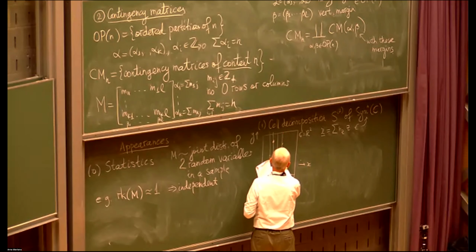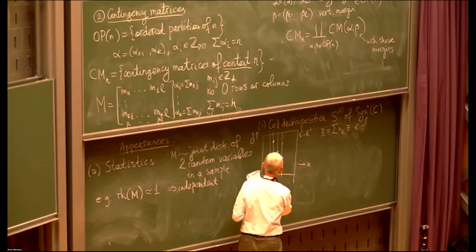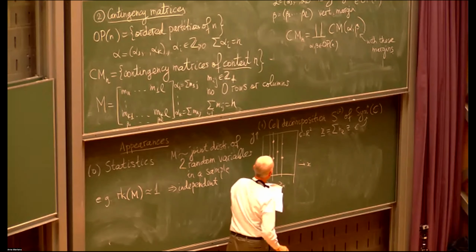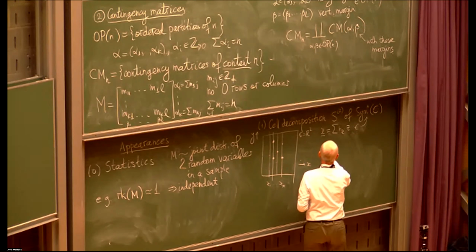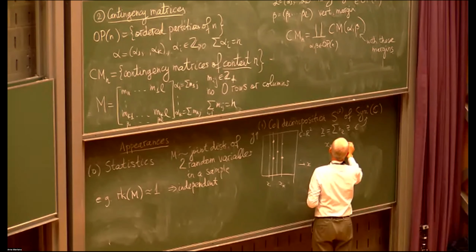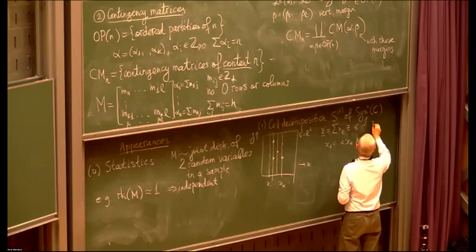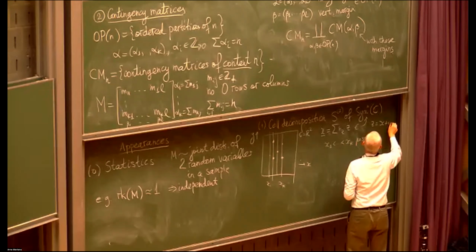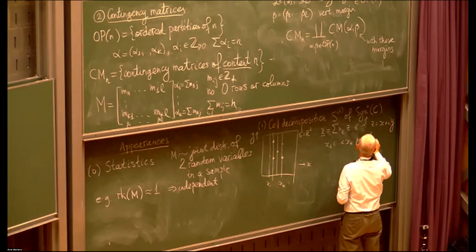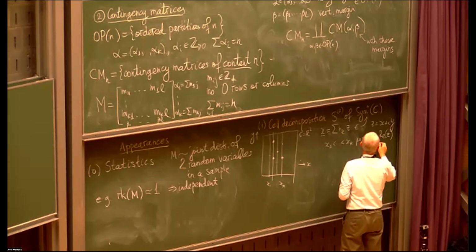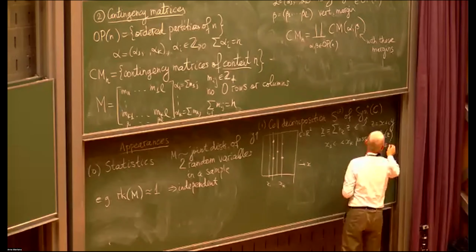We call them X1 through Xk, the possible real parts of Z, where Z equals X plus iY, for which n_Z is non-zero.